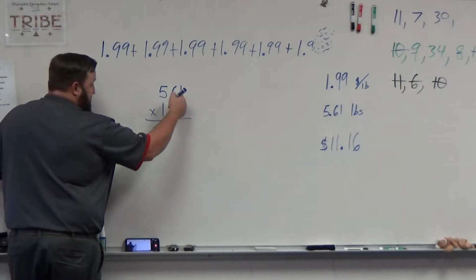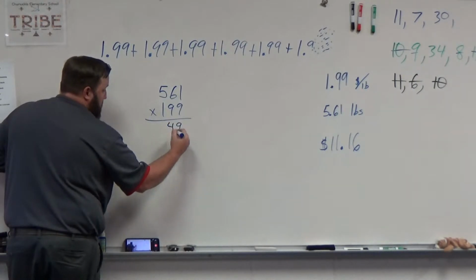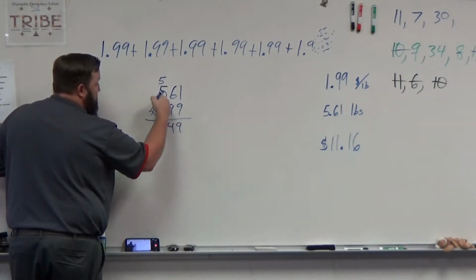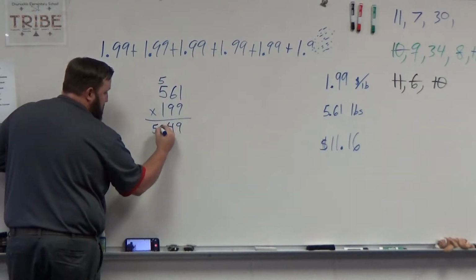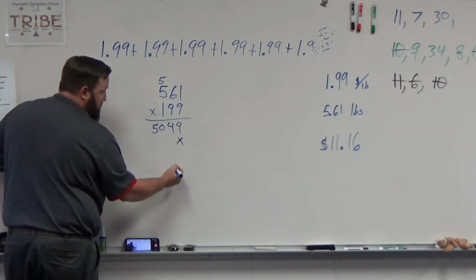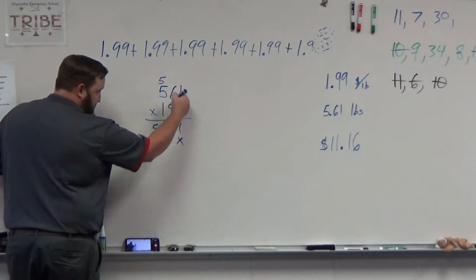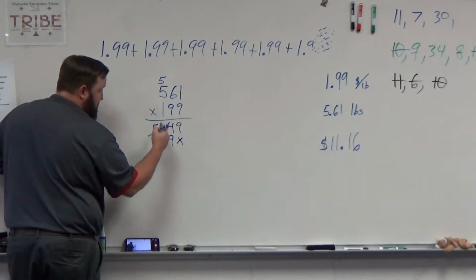9 times 1 is 9. 9 times 6 is 54. Carry the 5. 9 times 5 is 45, plus 5 gives me 50. That's the first 9. Now I'm going to come down. I need a placeholder because it's the second number. 9 times 1 is 9, 9 times 6... Oh, you know what, guys?